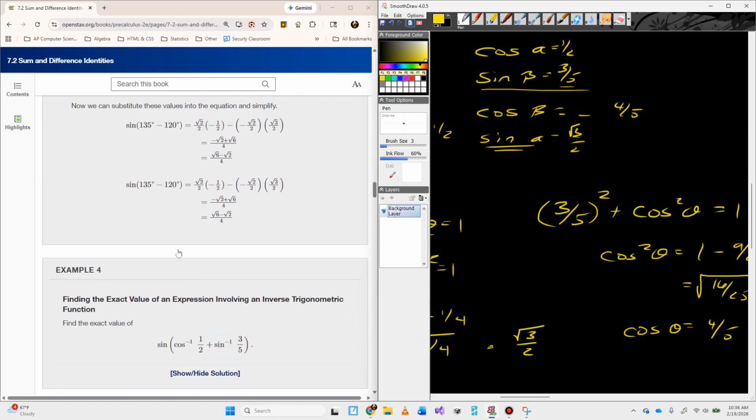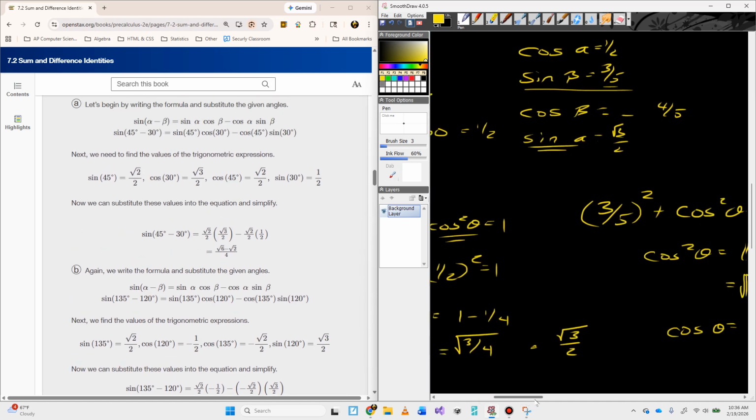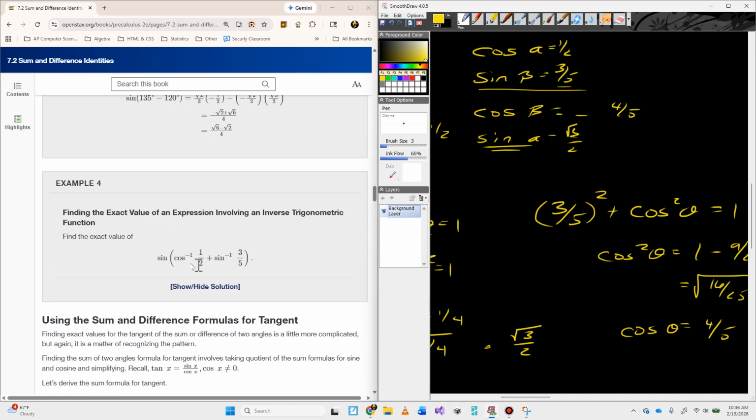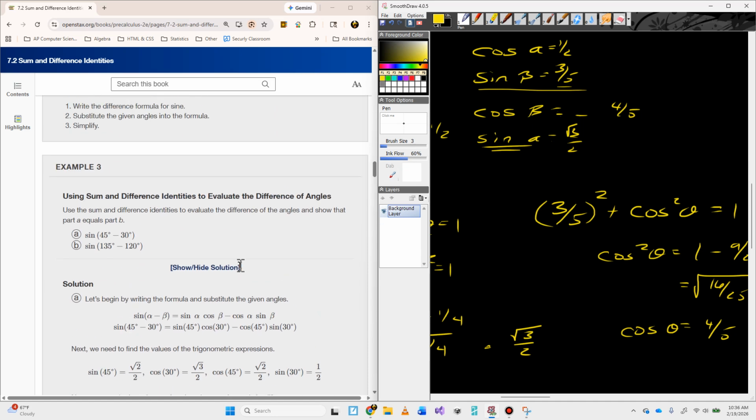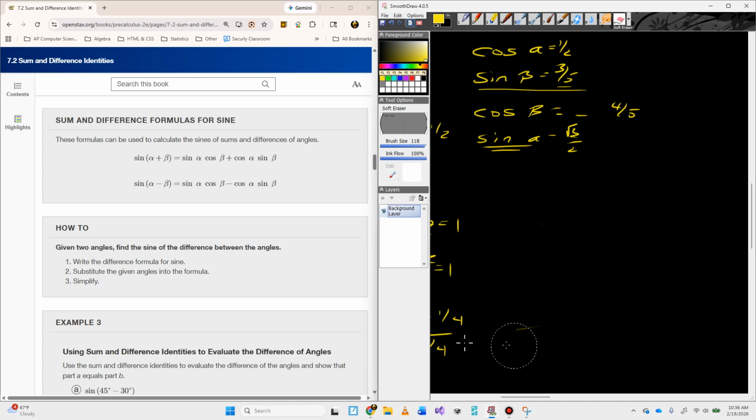And all I need now is the formula. What's the formula that I need to use? Well, I need to know what the original problem is asking. A sine of two angles being added together. That is this one. Let me erase this so that it makes it easier for me to show you down here how to write this out. So sine alpha is right here, the square root of 3 over 2.